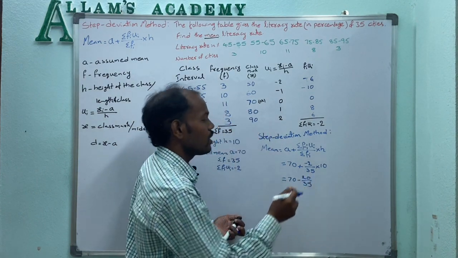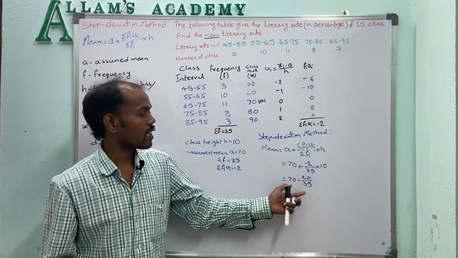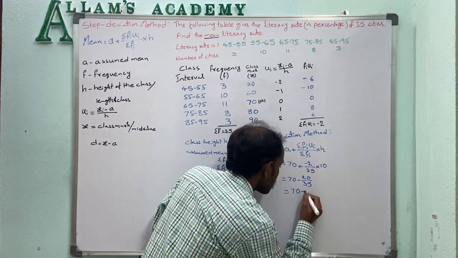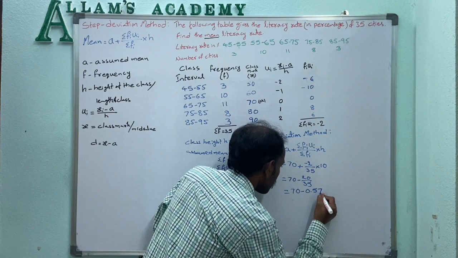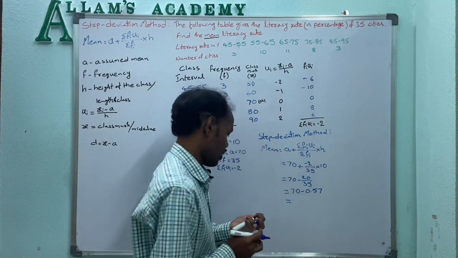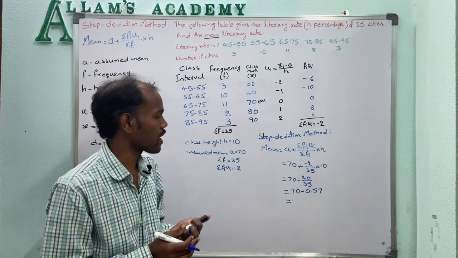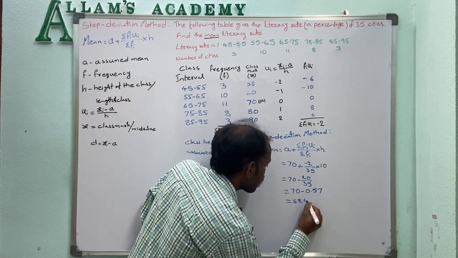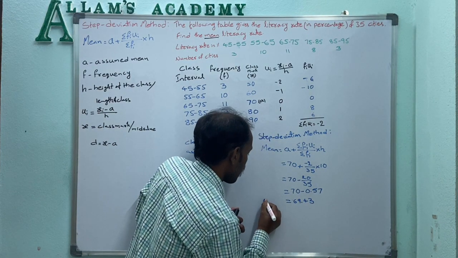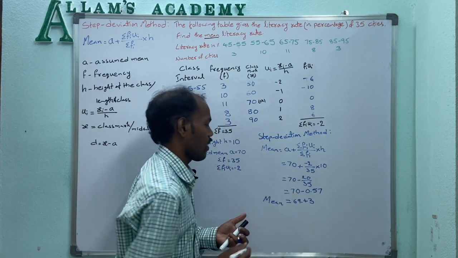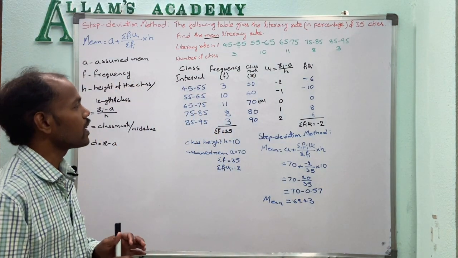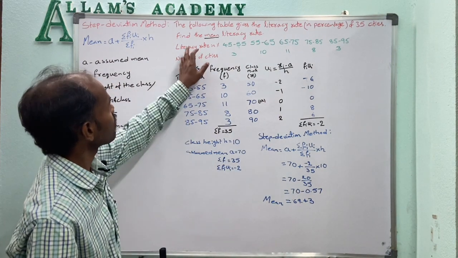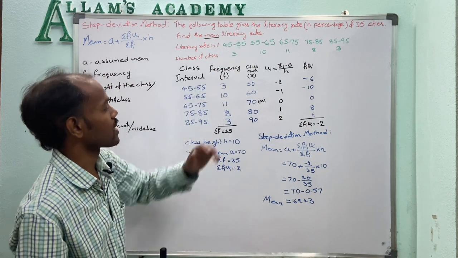Now 20 by 35, when divided, we get 0.57. Now 70 minus 0.57, if we subtract, we get 69.43. So the mean of the given data is 69.43. That is what was asked: find the mean literacy rate.